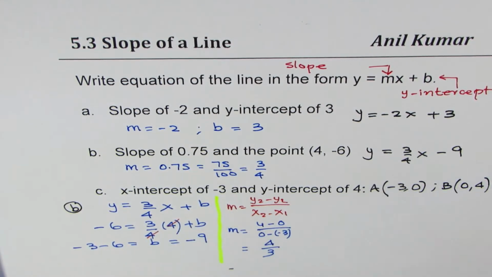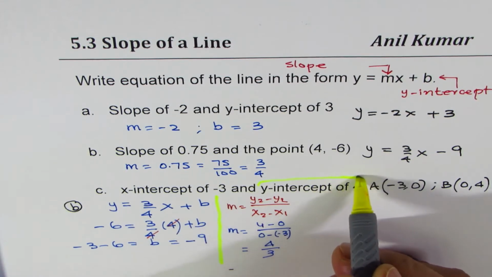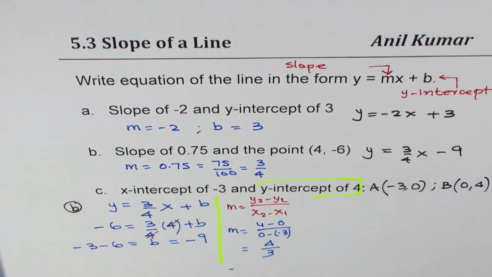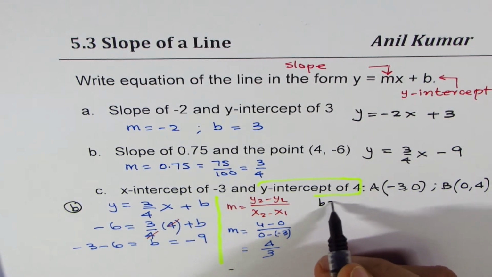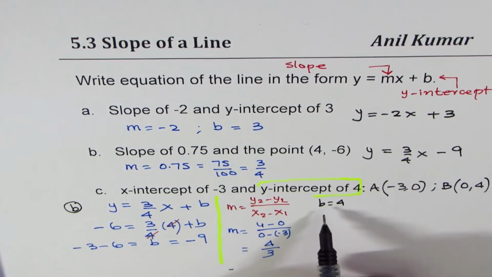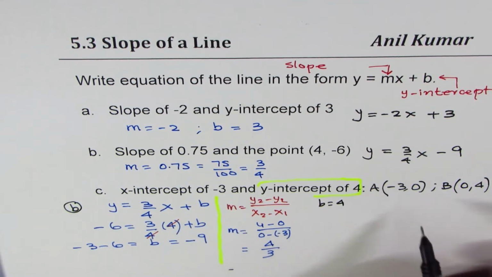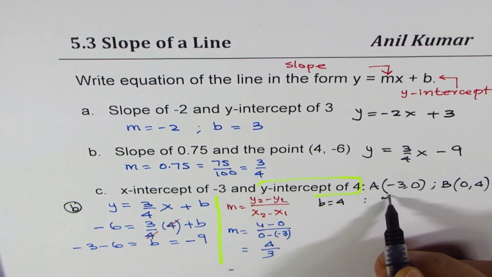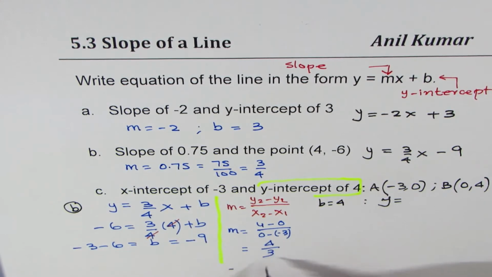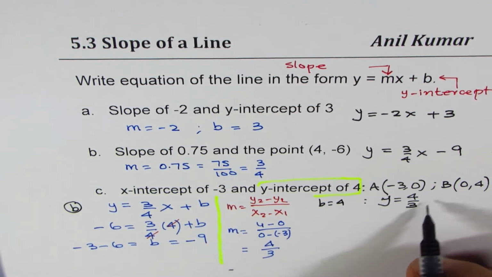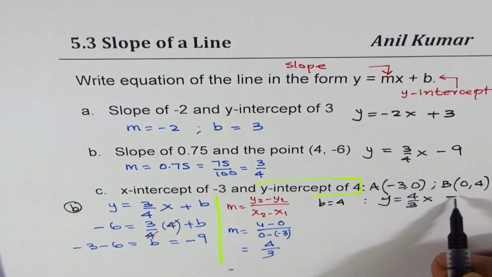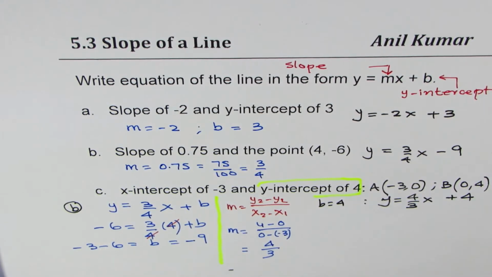So when the y-intercept is given directly, we could write b equals 4, right? Y-intercept is 4, so b equals 4. You can write the equation of the line as y equals 4 over 3 x plus 4, right? So that becomes the equation of the line for part C.